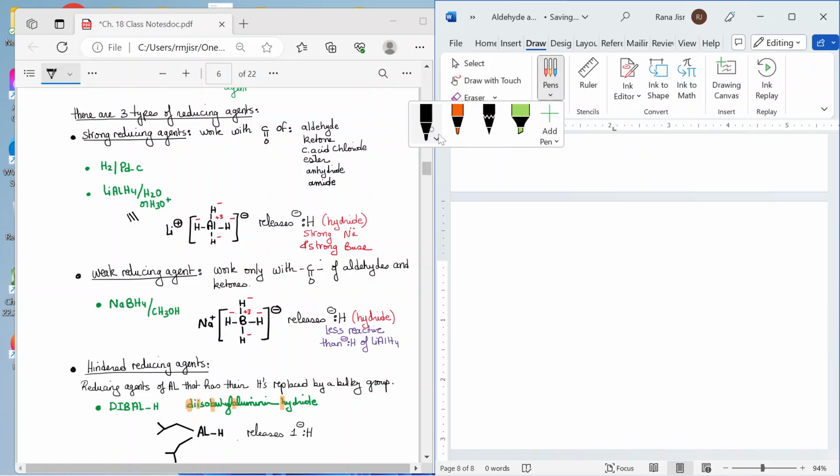We have mentioned that lithium aluminum hydride is very reactive.